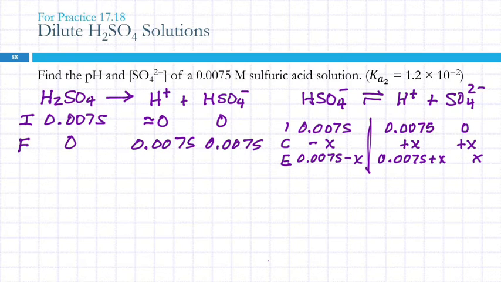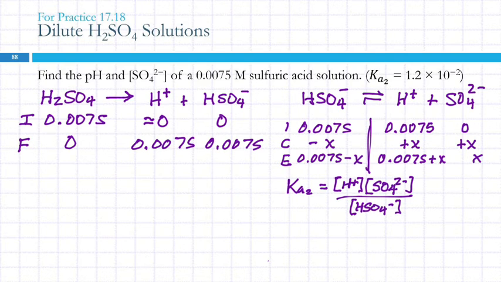And then Ka2 equals the products over the reactants for this reaction. So we write the chemical equation, we make the ICE table, we write the equilibrium constant expression, and then we substitute in values for the things in there.